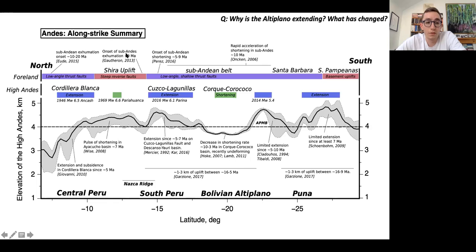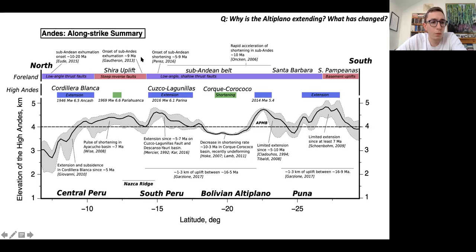A good example is this region here, where the deformation in the top of the mountain range switches from extension to shortening, and over that same area we get a switch from low-angle decollements in the fold-thrust belt, which may be underlain by steep reverse faults but where there's at least some sort of decollement horizon present, to a basement uplift. And we can see that this is rooted in the lower crust based on the earthquake depths that we've been working on.